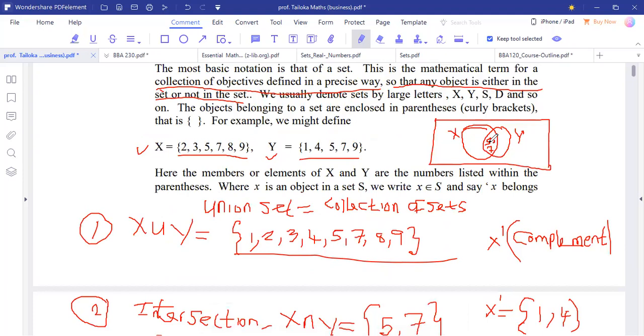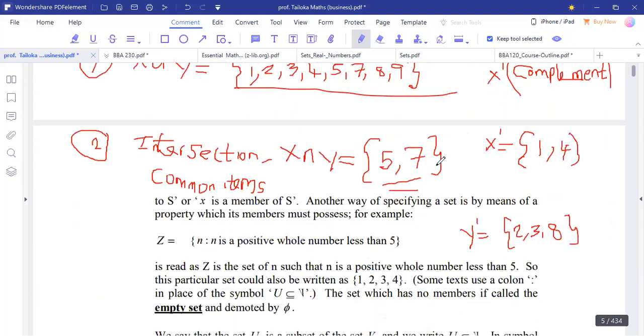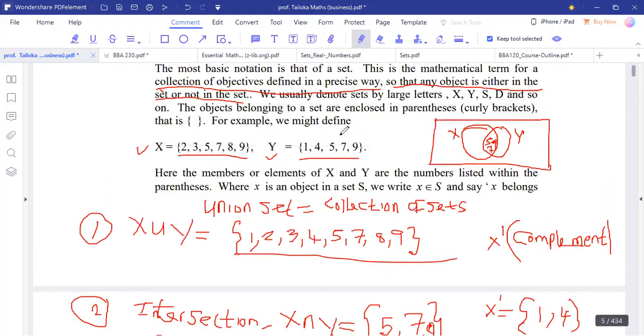On the intersection set there's supposed to be a 9, because you're looking at what is common to both events. So we said a 5, a 7, and 9.